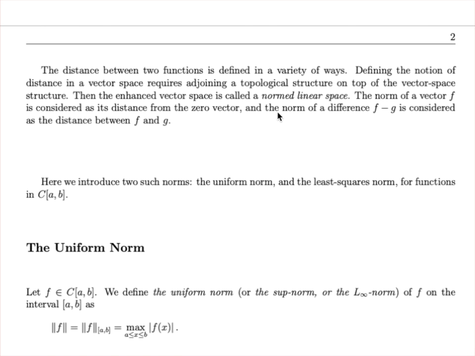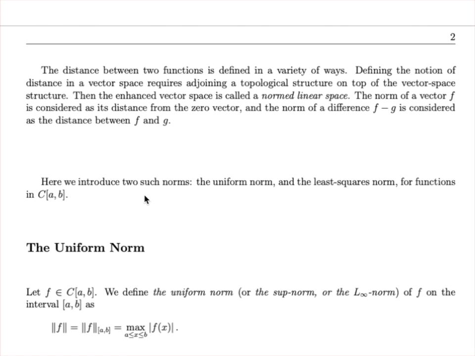The norm of a vector f is considered as its distance from the origin, or the zero vector, and the norm of a difference f minus g is considered as the distance between f and g.